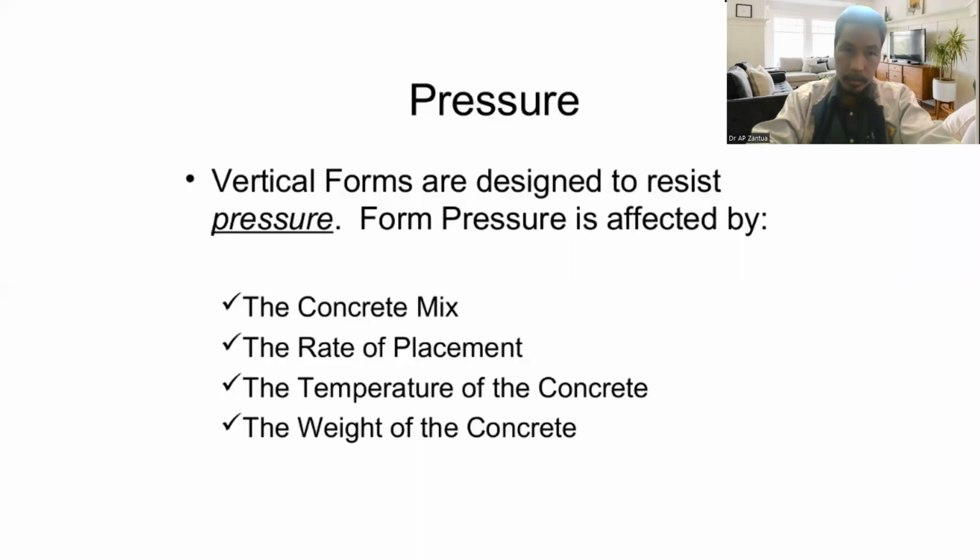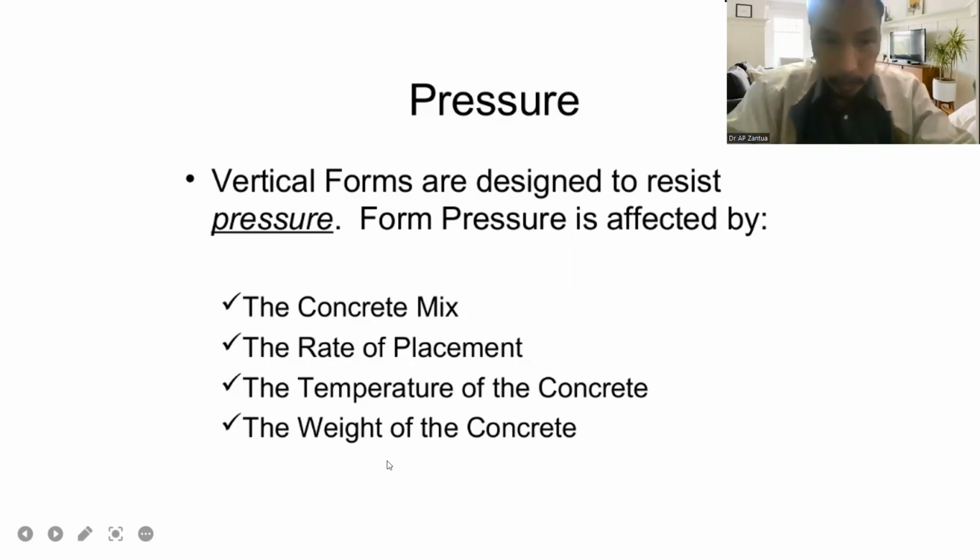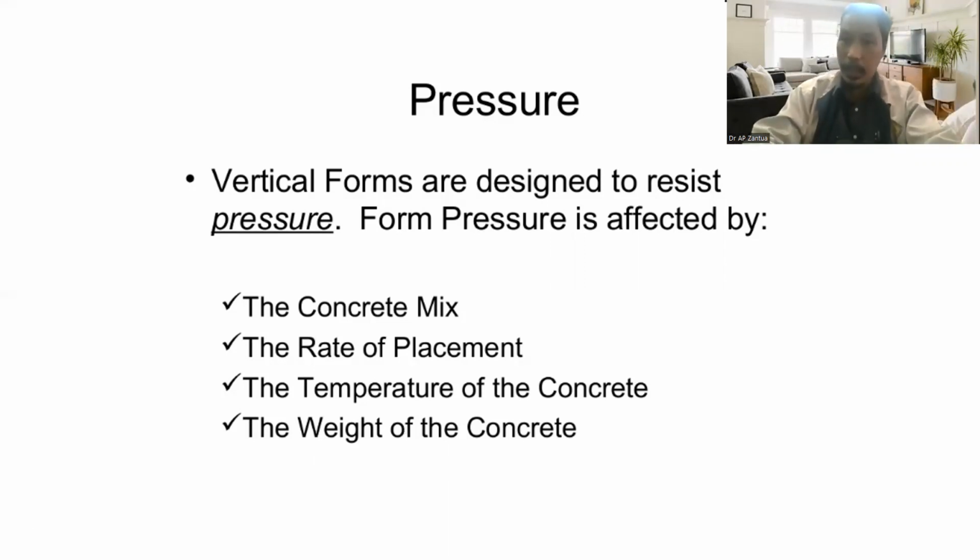Pressure. So vertical forms are designed to assist pressure. Form pressure is affected by concrete mix, the rate of placement, the temperature of the concrete, and the weight of the concrete itself. So it is the most important factor, weight of the concrete, particularly if it's still uncured or wet, still wet.